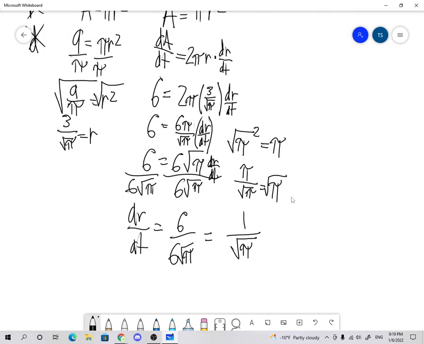So because we know that this is the rate at which the radius changes, that means it's going to be a fraction-based unit. It's going to have something up top and something on the bottom. And because we were given a unit of miles earlier as a distance, and hours as a measurement of time, we can put miles per hour here.